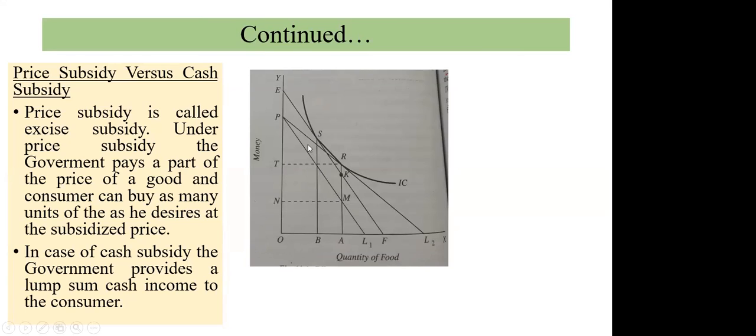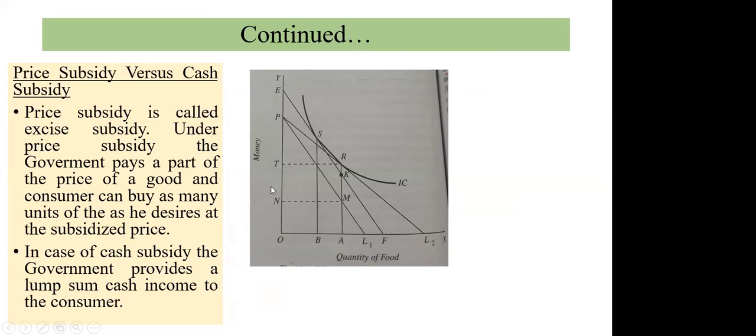And in the next shifted price line, where the price line is PL2, when I am purchasing ON quantity, I am indifferent about OT amount of money. That means I am paying PT amount of money for this OA quantity of food.